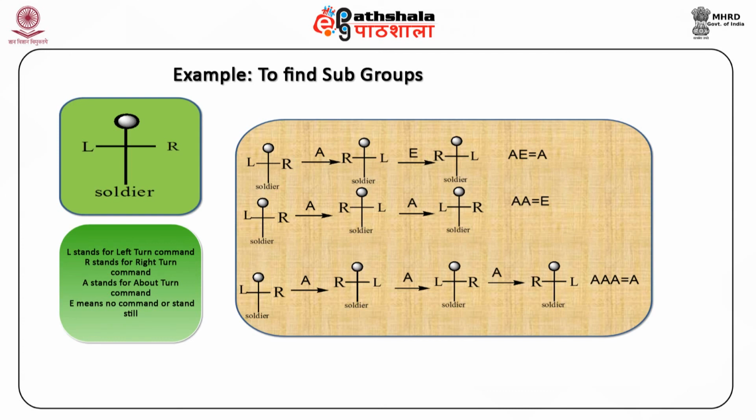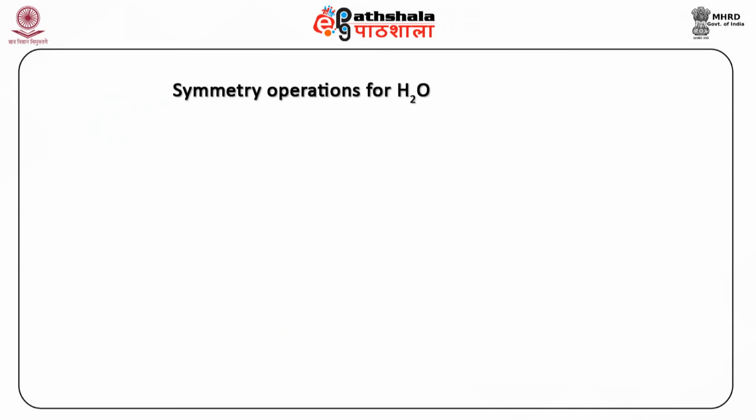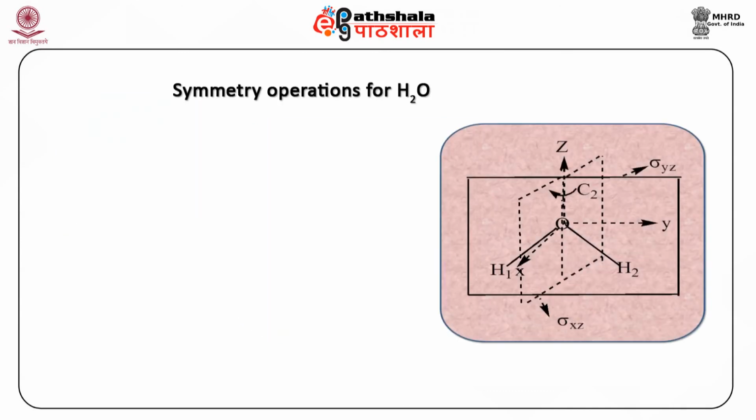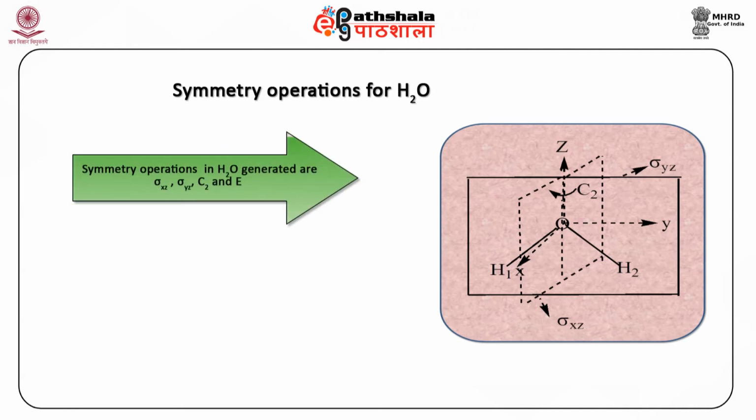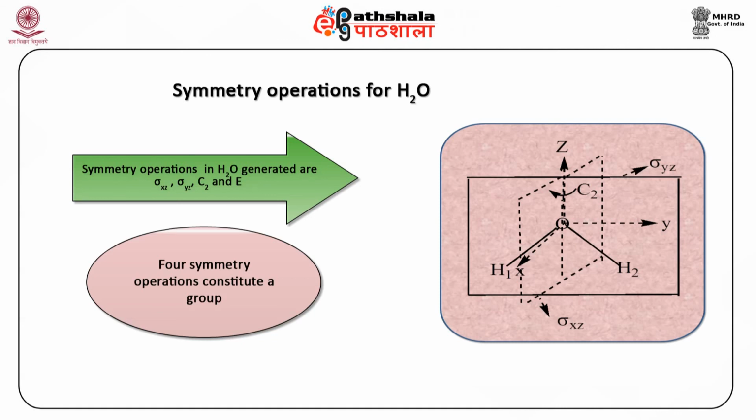The remaining subgroups of order 2, E, L; E, R; L, R; A, L; A, R, etc., do not constitute groups. By taking an example of the water molecule, we can find the subgroups in the group sigma xz, sigma yz, C2, E.